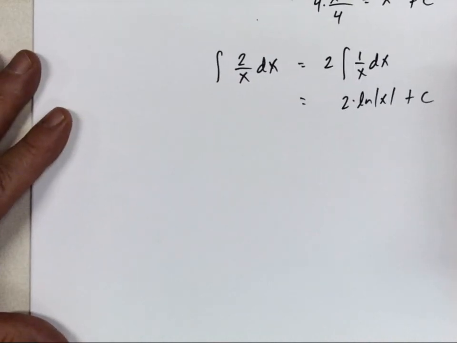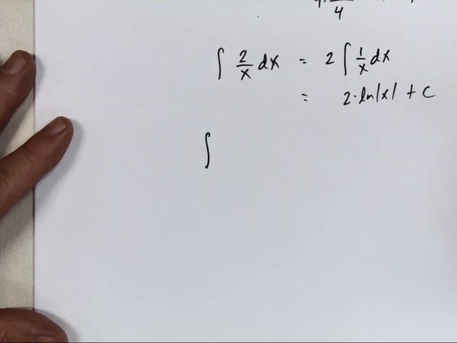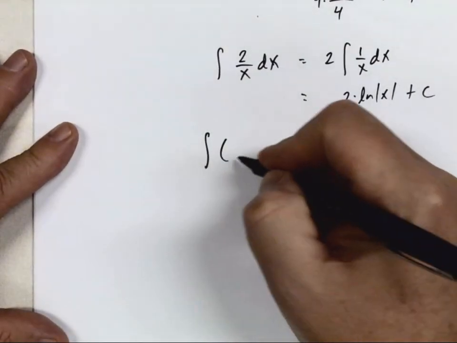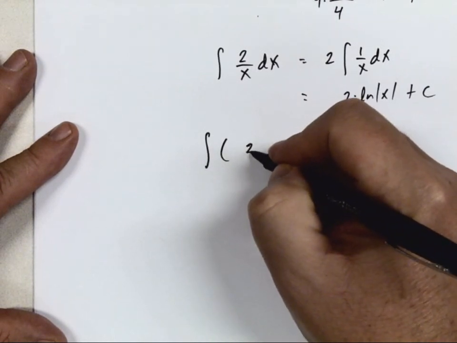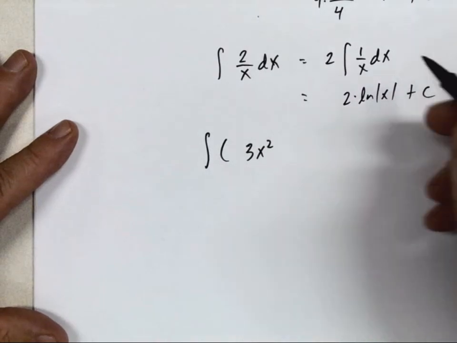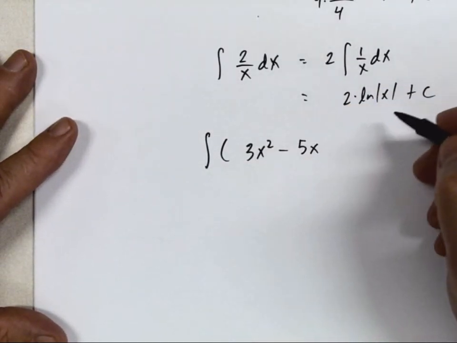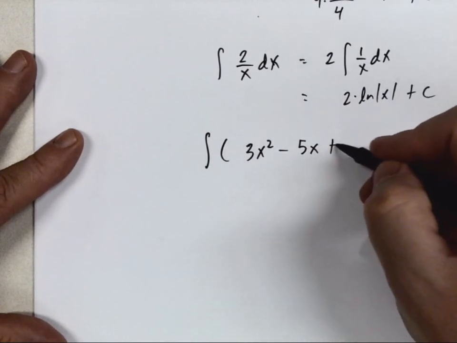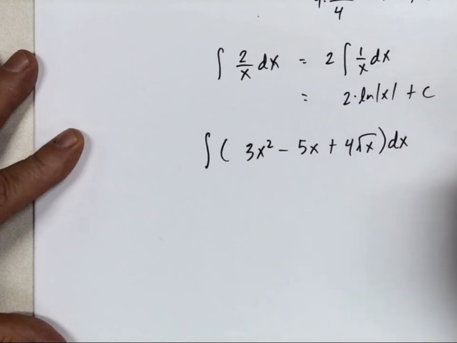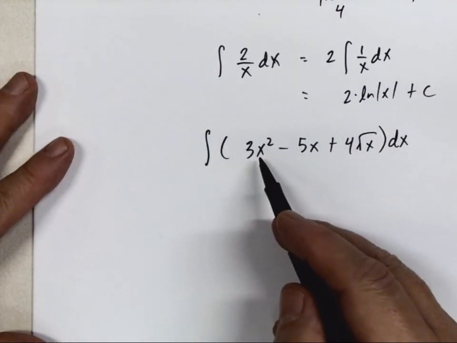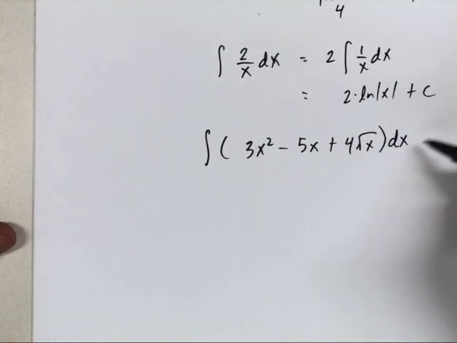The other thing that will happen is we'll have multiple terms inside the integral. So how about the integral of 3x squared minus 5x plus 4 square root of x.